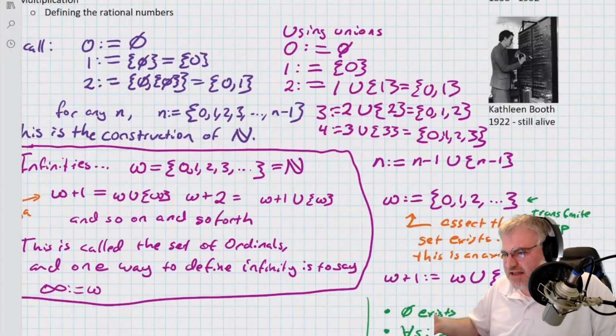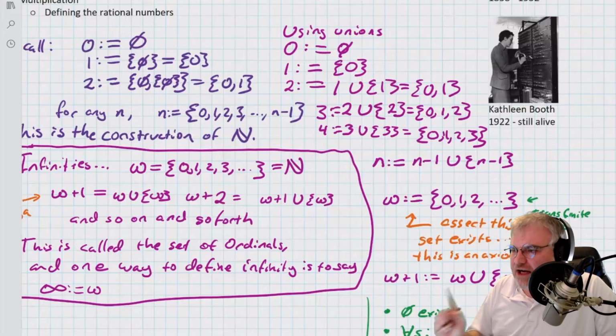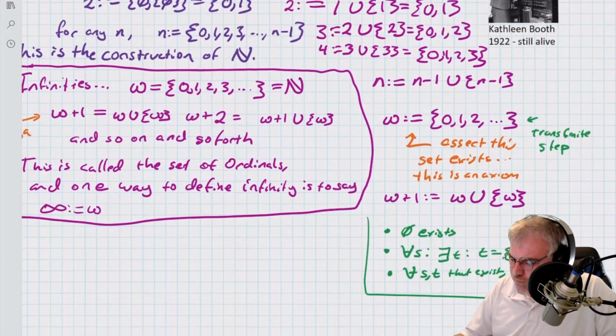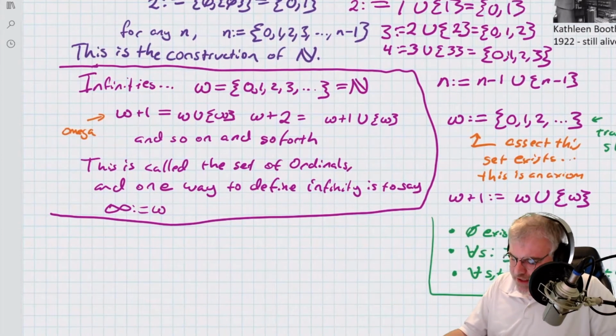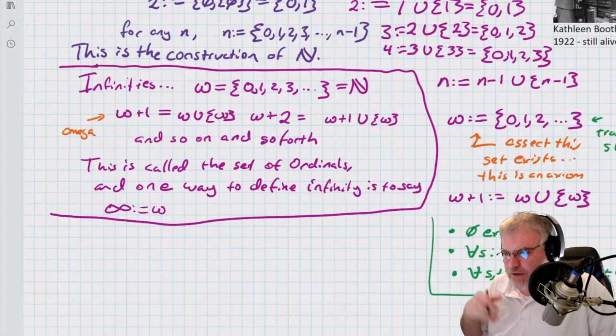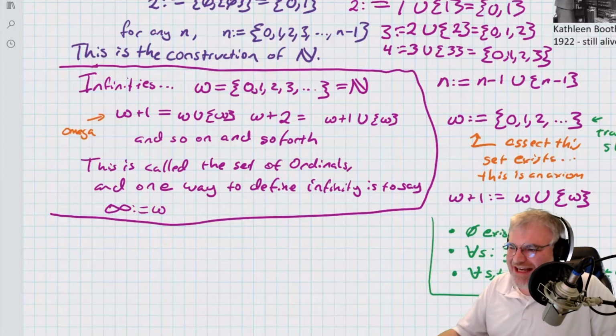Well, 7 minus 1 is 6, but that's not really what I mean here. What I mean is the predecessor, and let me clarify that. The reason why I care is because a computer can go to the next number, so we can connect math to the way a computer works.